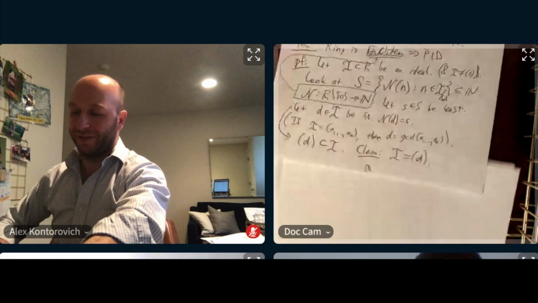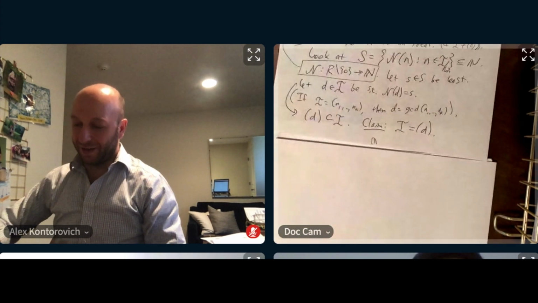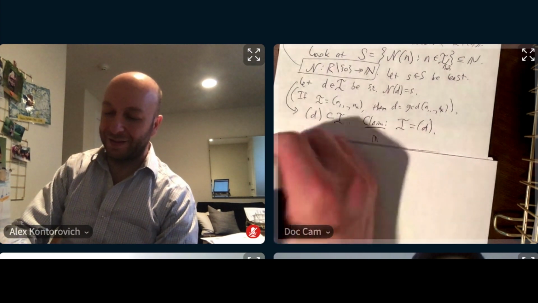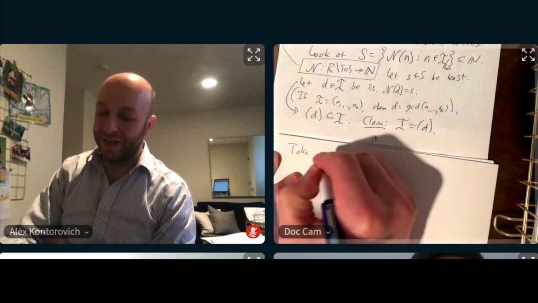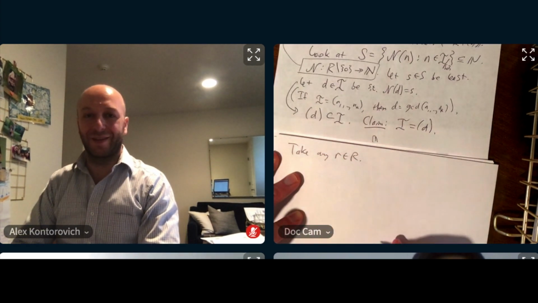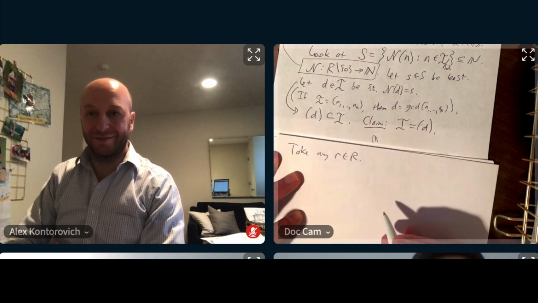So how do we prove this? There's a variety of ways of doing it. A very easy way is, let's take any element of the ring. We have a division algorithm.